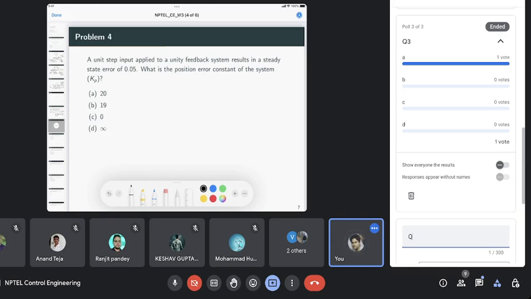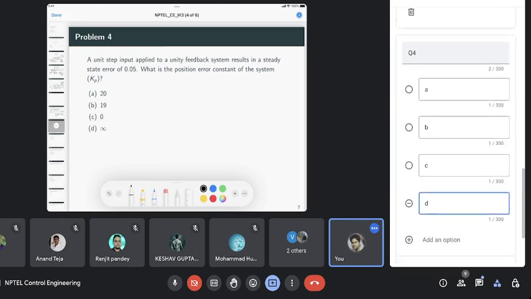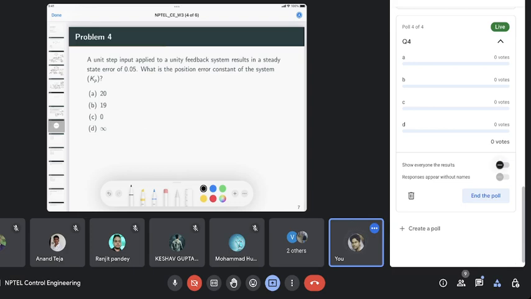You answer that. Okay, very simple question, you just plug in your value and you get the answer. Let's discuss this.